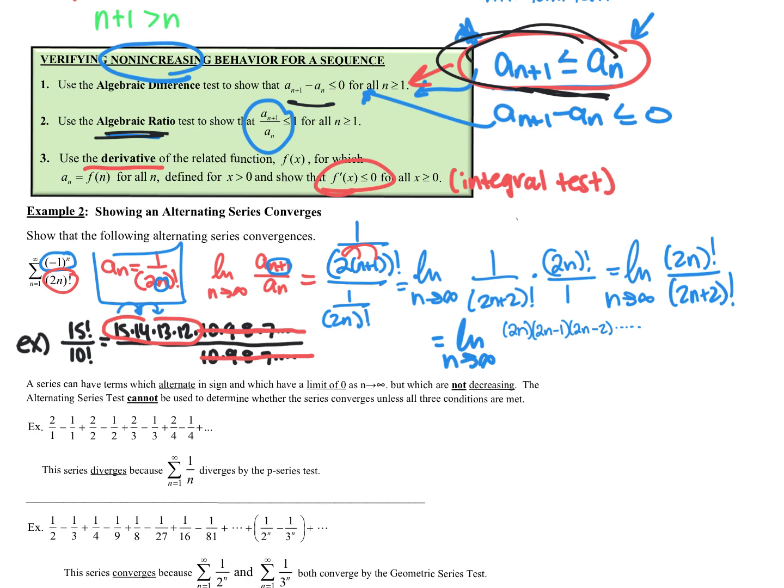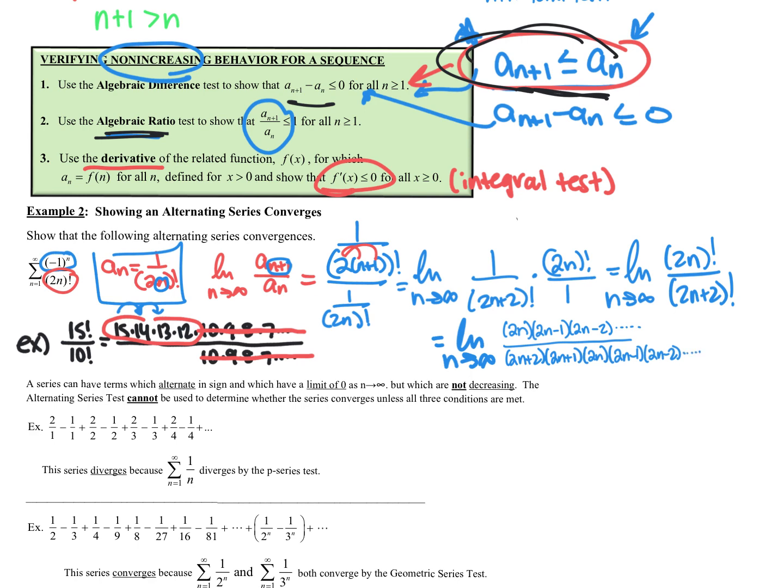Then the bottom factorial, the first term, will be 2n plus 2. The next one will be subtract 1 from that, 2n plus 1. Subtract 1 from that, and you get 2n. Subtract 1 from that, and you get 2n minus 1. Subtract 1 from that, and you get 2n minus 2. And we could keep going, right?